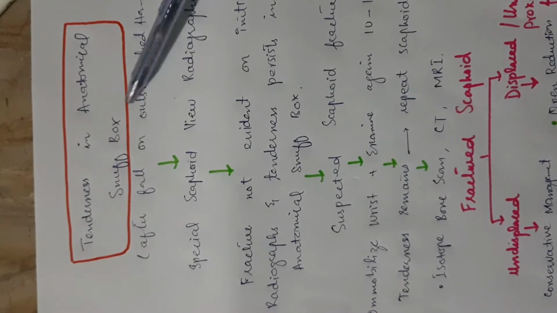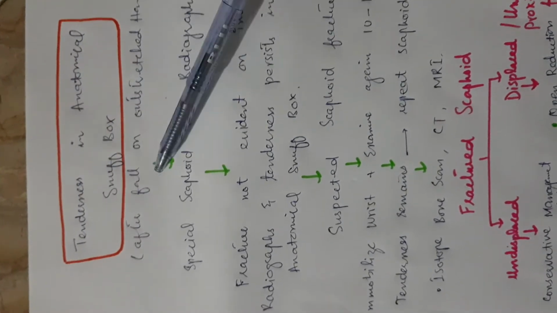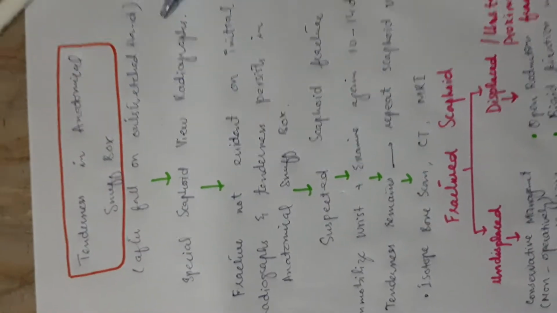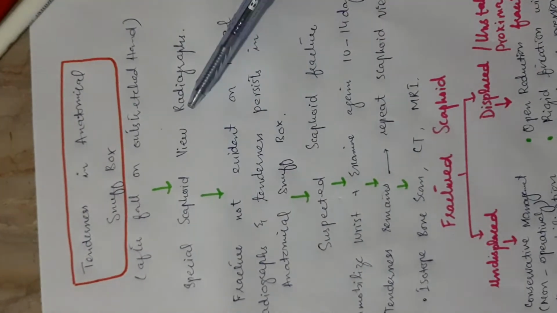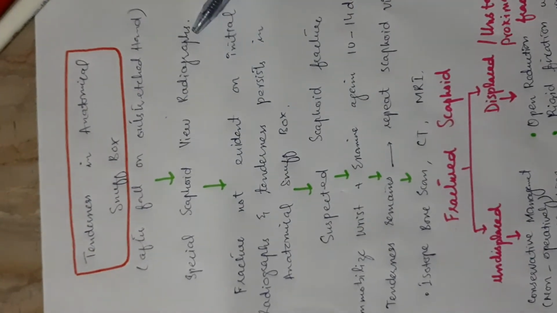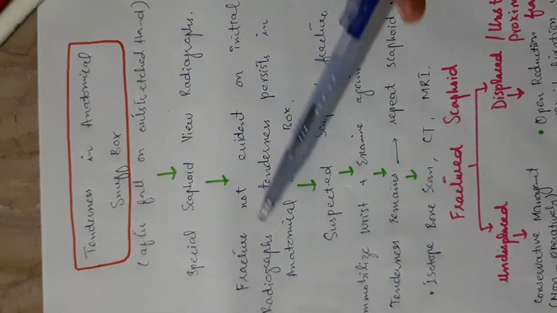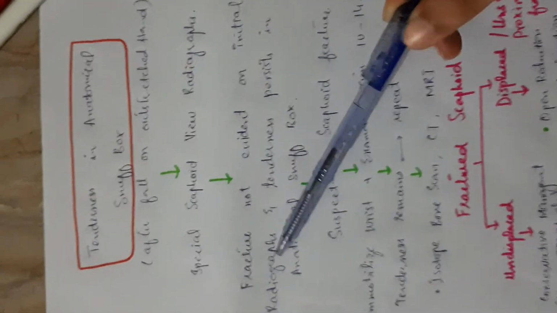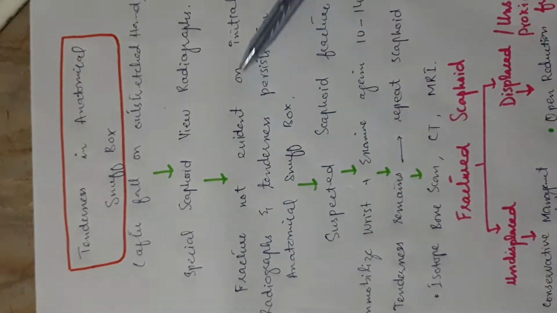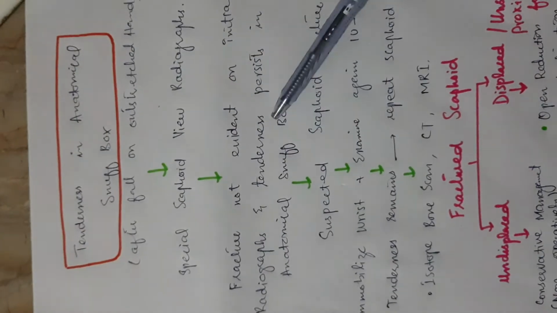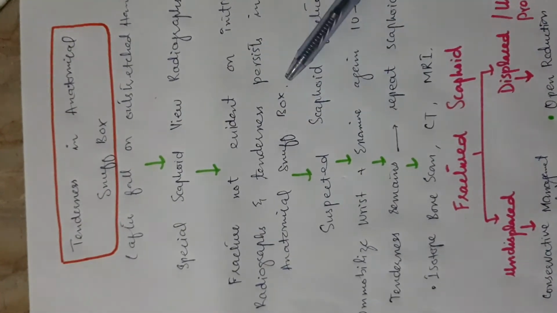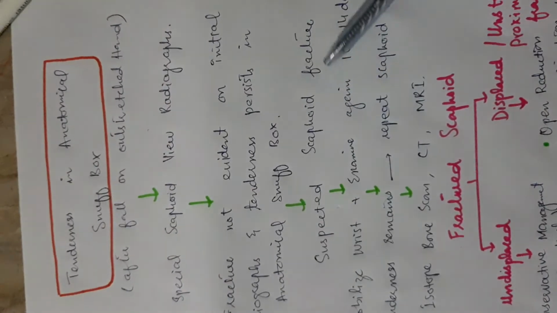If a patient presents with tenderness in the anatomical snuff box after a fall on an outstretched hand, then special scaphoid view radiographs are ordered. And if a fracture is not evident on the initial radiographs and tenderness persists in the anatomical snuff box, then a suspected scaphoid fracture is considered.